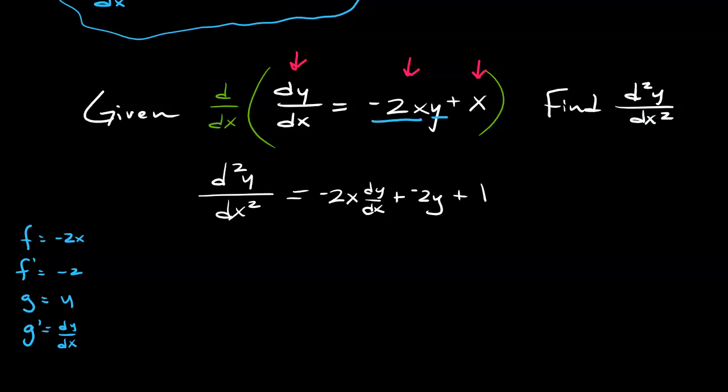Then off on the side I did f prime and g prime. The portion that's easiest to forget is that when you take the derivative of y, it's not 1, it's 1 times dy/dx. And so what I wrote here in white is basically just one step.